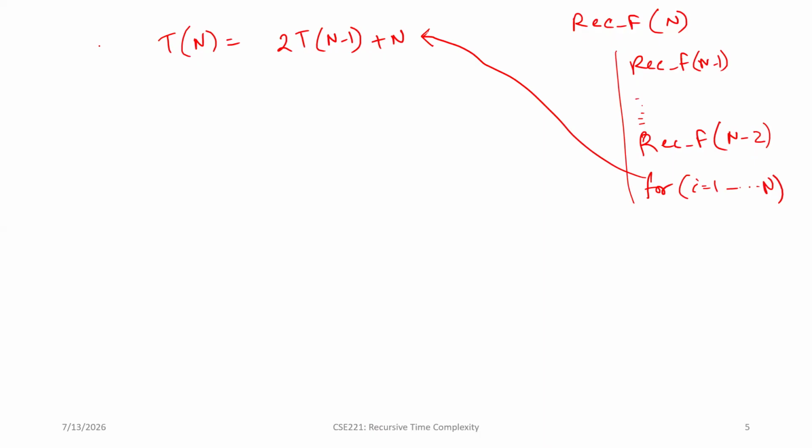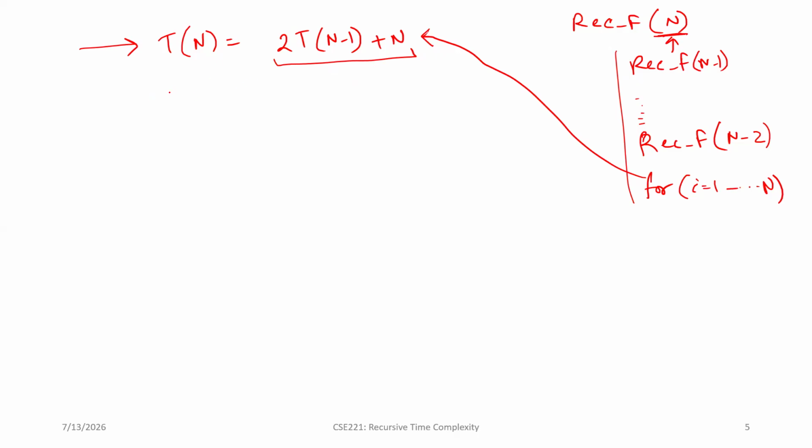So the first step is again to write a generating function of the time complexity. So T(n) is the time complexity of this recursive function with parameter n. And what we are writing here is the time complexities of doing the recursive calls and doing the loop. So now let's solve it.